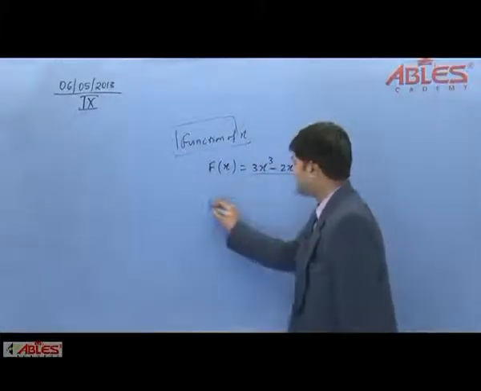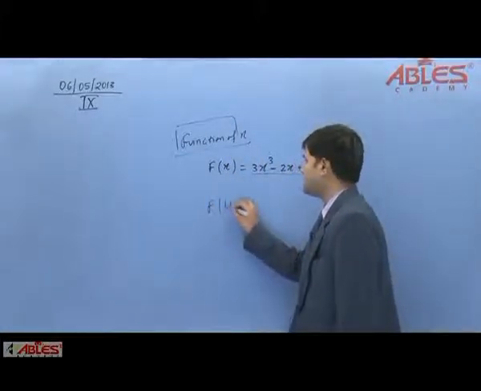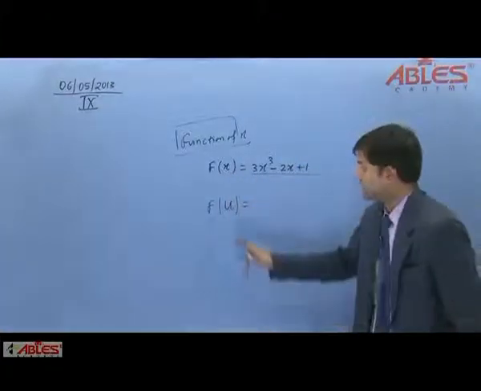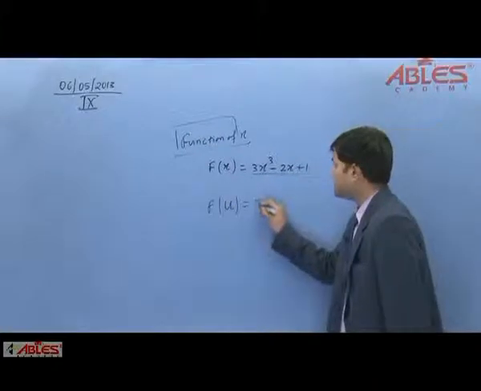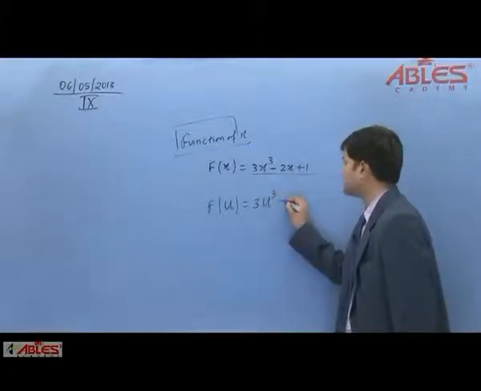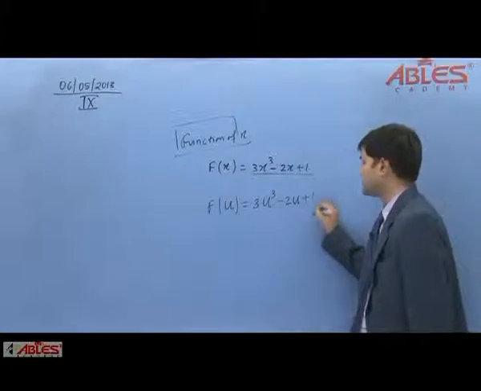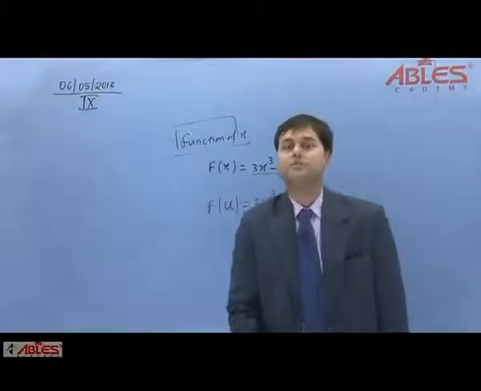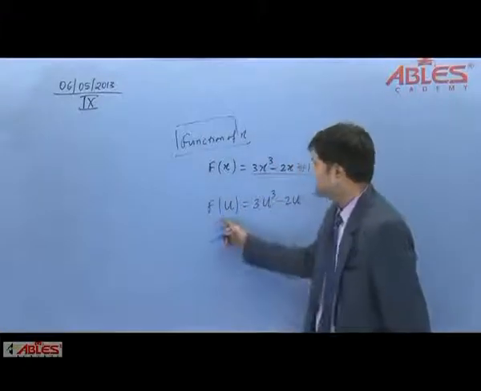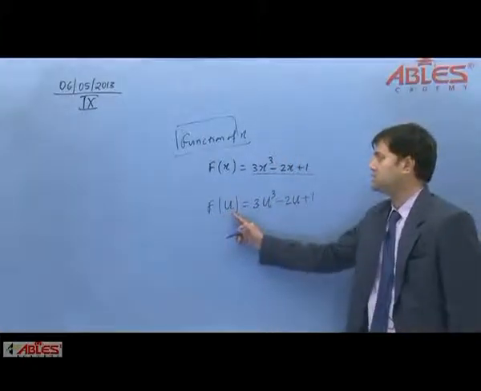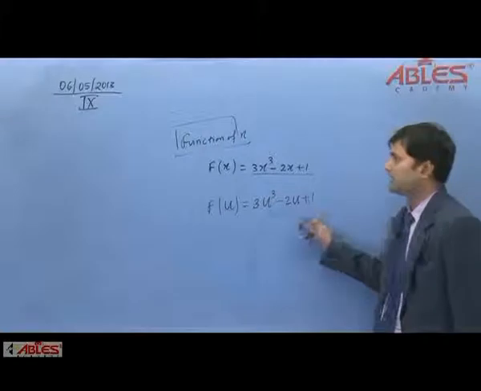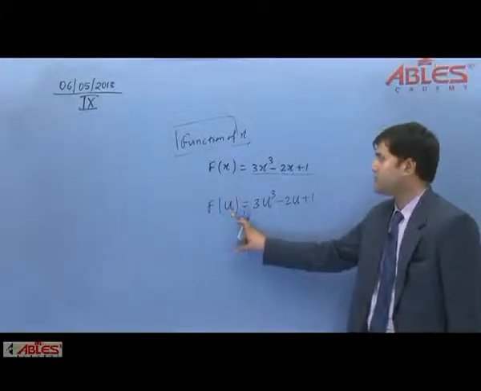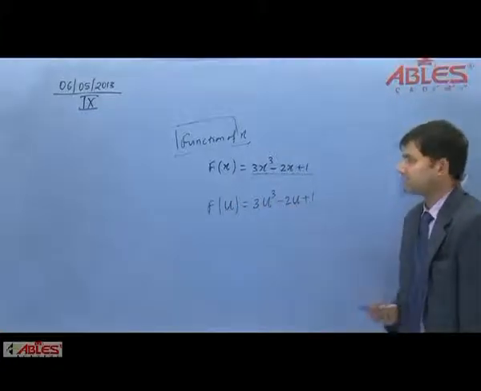Okay students, suppose we are expressing the same quantity in terms of u. Then you can write it as f of u, and this time we will write it as 3u cube minus 2u plus 1. So what we mean by f of u is that we are expressing this polynomial this time in terms of u. So you get f of u equals 3u cube minus 2u plus 1.